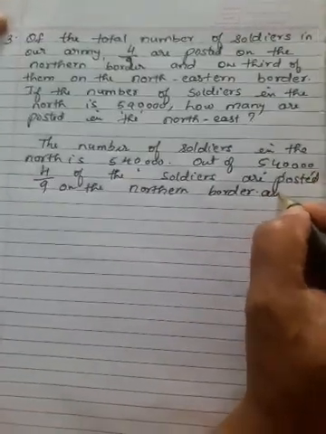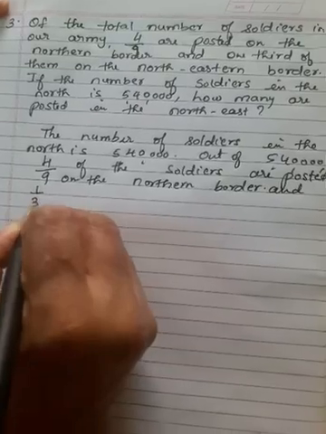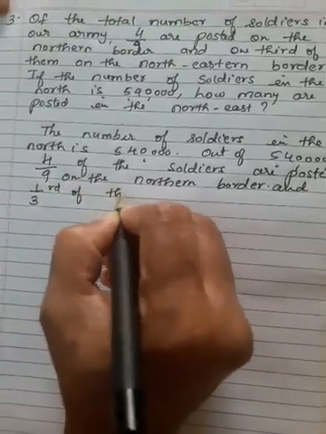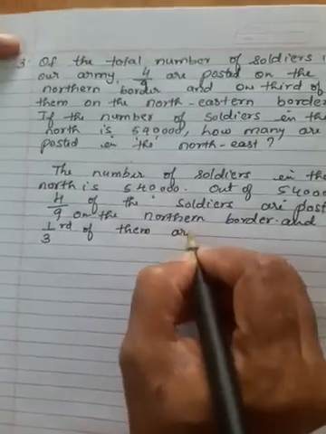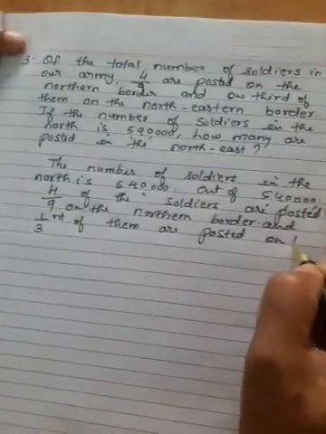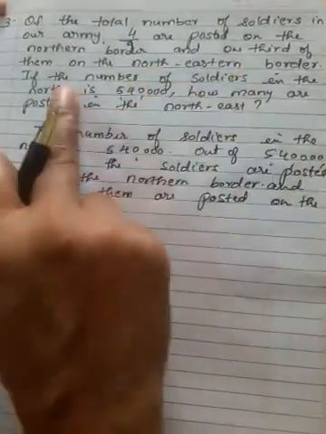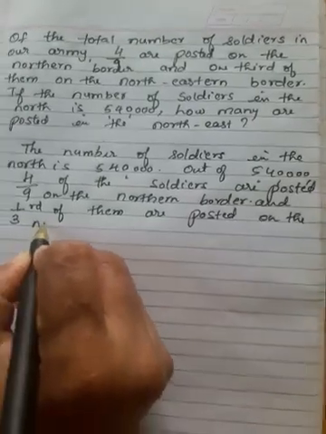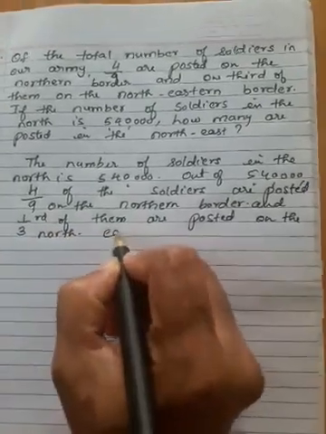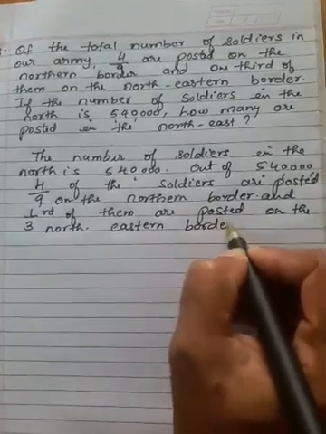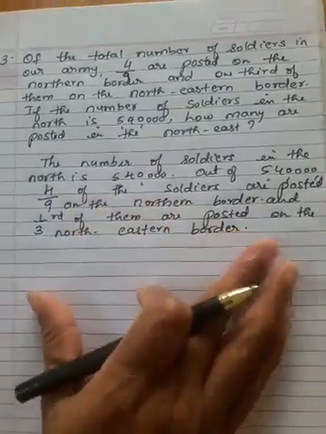And 1/3 of them are posted on which border? 1/3 on the northeastern border. Okay, this much is given in the question.